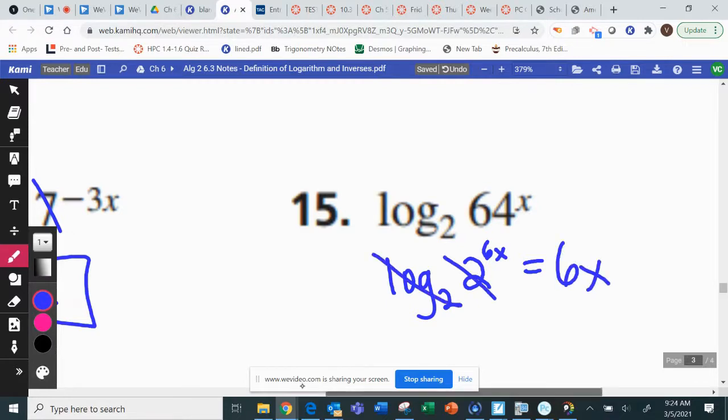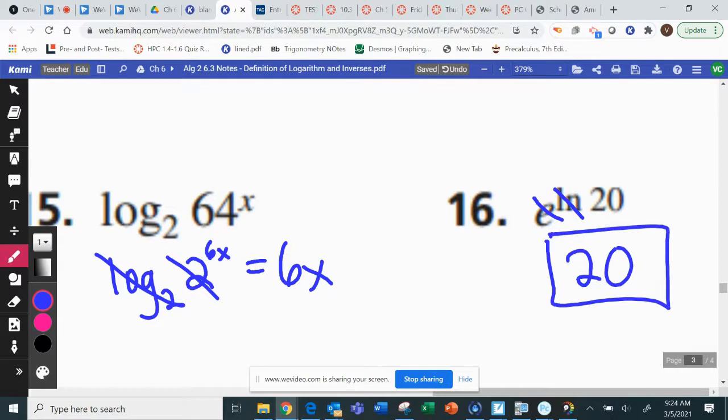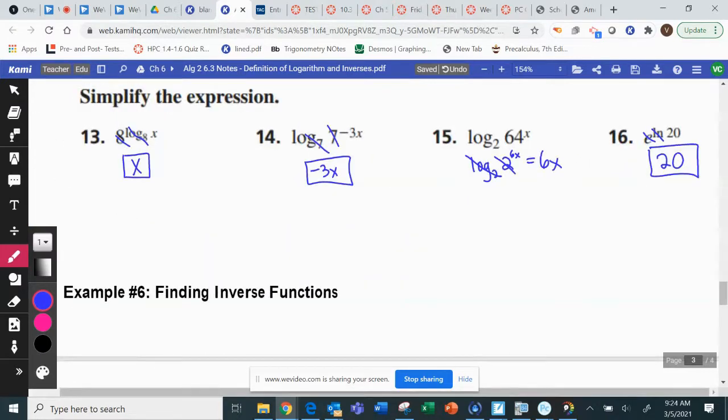Those cancel out, we get 6x. All right, and Ryan, e to the ln of 20. 20 is the correct answer because e and ln are inverses. See, not hard. You just got to recognize it. Takes practice. Takes doing your assignment and asking questions.